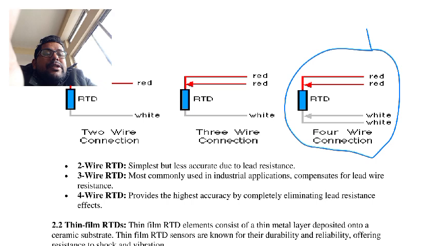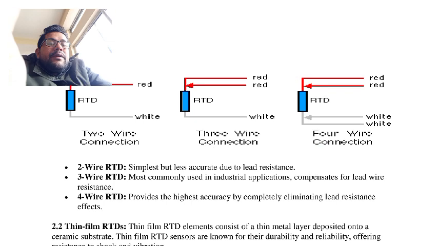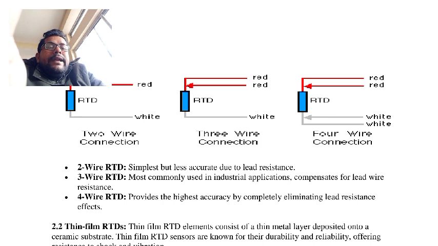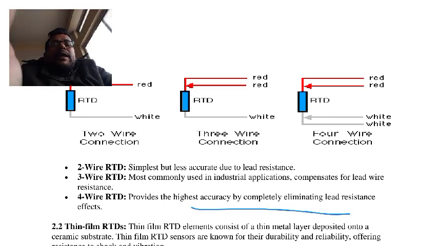That is the highest accuracy compared to the others, and it eliminates the lead resistance effect. That's why in this way we can provide 3 types of connection in RTD: 2 wire, 3 wire, and 4 wire, based on our requirement.